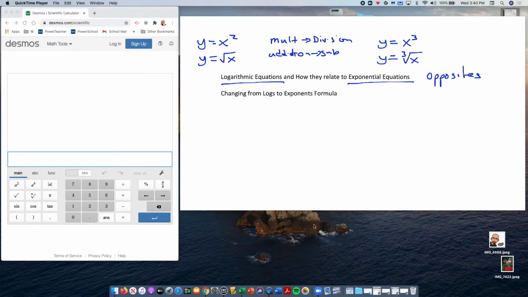So if you had the equation y equals a to the x power, that's an exponential equation.